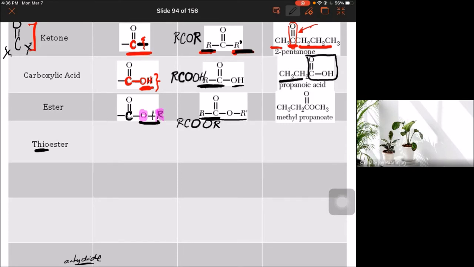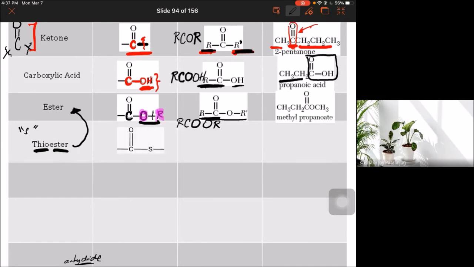Thio again, thio, presence of sulfur. You simply refer to the structure of the ester, only you replace this oxygen with a sulfur atom. That makes it thioester.